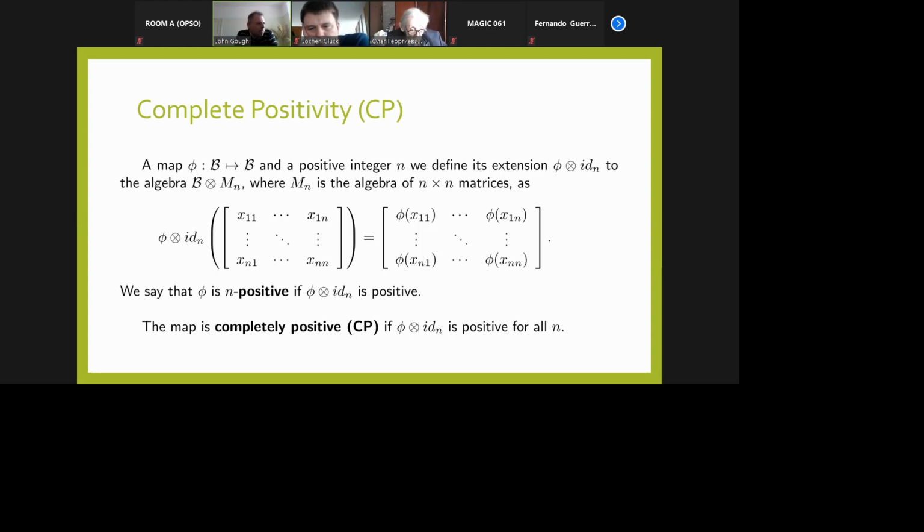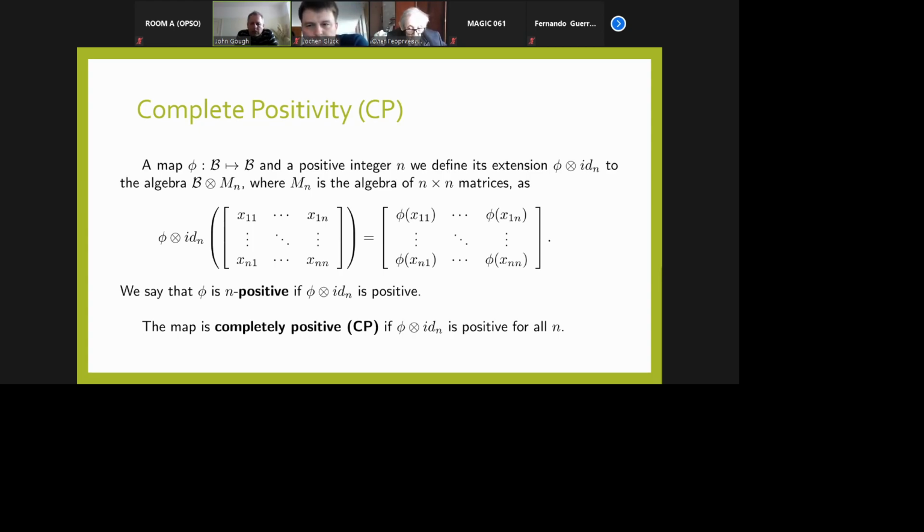So we say phi is n-positive if this is going to be positive for that particular value of n. So that turns out to be a genuine condition, and it's completely positive if it's positive for all n.